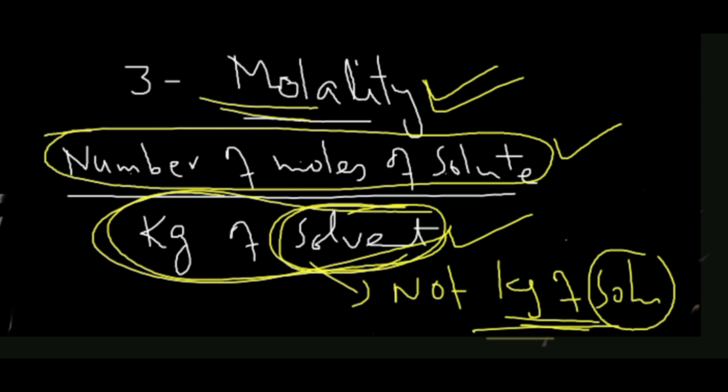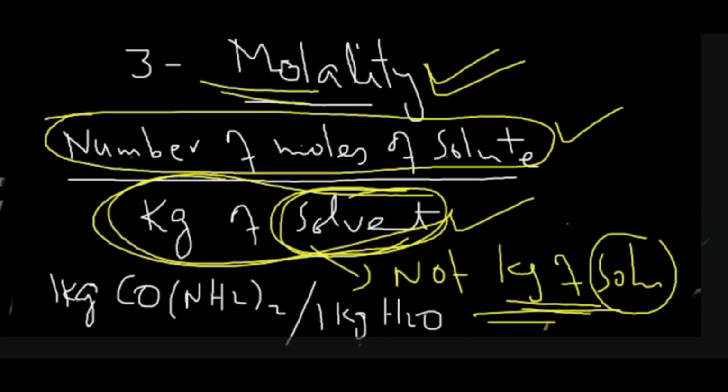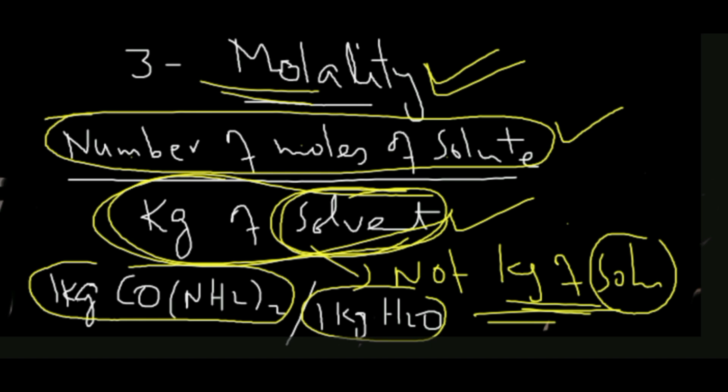So if we dissolve 1 mole of urea in 1 kg of water, where water is the solvent, we will get a 1 molal solution.